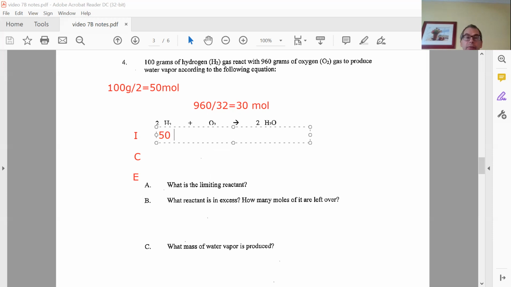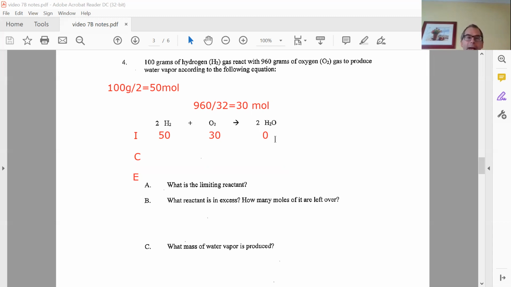So again, we have 50 moles to start, 30 moles of oxygen. We don't have any water yet because we have not done the reaction. So it's kind of like the ice cream example, except we're dealing with the hydrogen, oxygen, and water right here.